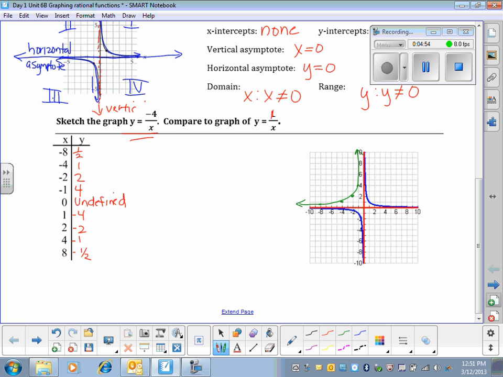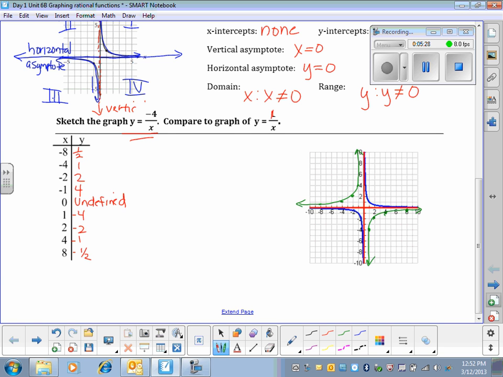And then on the other side, you get +8, -1/2, +4, -1, or sorry, 1/2 for that one. 1, +2, -2 is here. 1, -4 is here. And so this one looks like that.